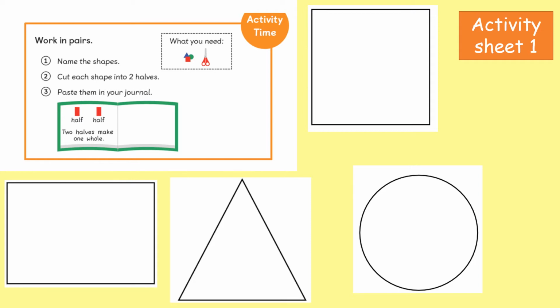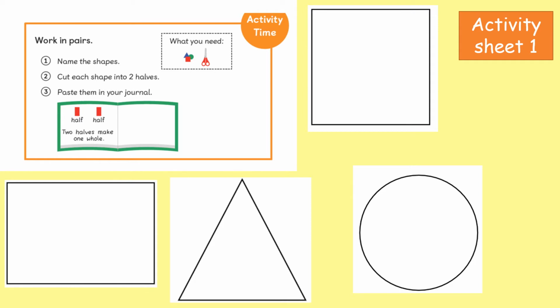Now, when you've cut the shapes out, you need to then cut the shapes into two equal halves. That means that you should have two pieces, and if they're equal, it means they're exactly the same. So both sides, both parts, both halves will be exactly the same. Okay, so you can have a go.